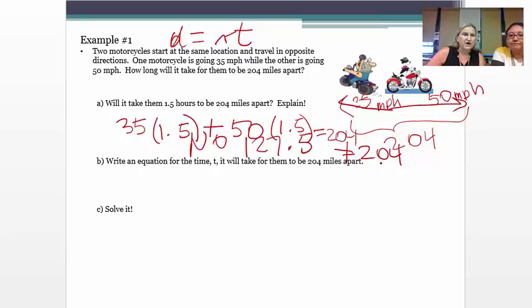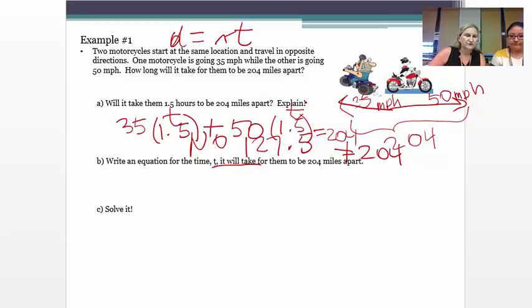So for part B, I want to write an equation for time t. Okay, so let's take a look. In the first equation, I had 35 miles per hour times 1.5, that was the time, plus the second motorcycle went 50. So here again, I have the time.